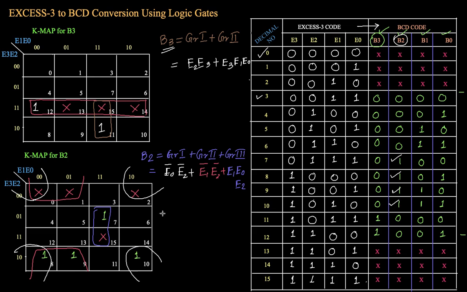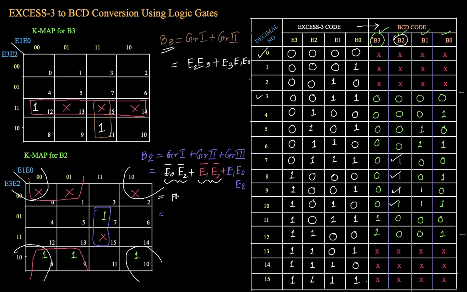So now we can simplify this. From the first group, E2 bar with E0 bar, plus E1 bar. In these two both have bar, and these two both have bar.